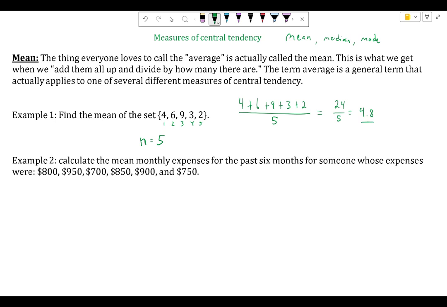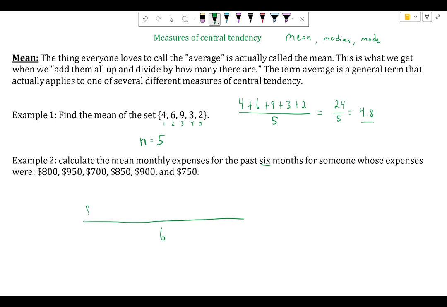For example 2, it says calculate the mean monthly expenses for the past 6 months for someone whose expenses were $800, $950, $700, $850, $900, and $750. We know that there are 6 months, so once we find the sum, we will divide by 6.